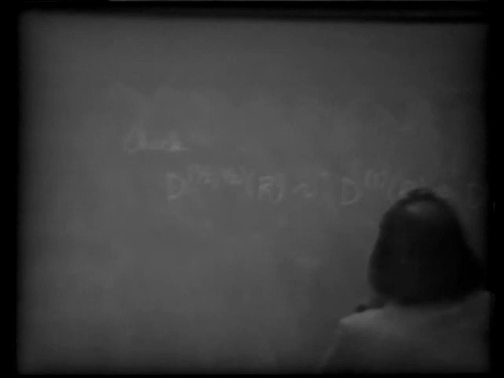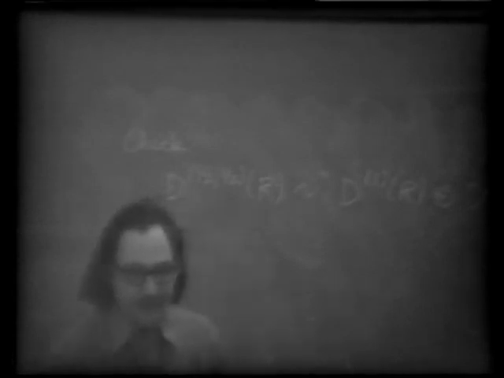Let's check that by using our previous result. Check. This is equivalent to d1 of r plus d0 of r by the formula on the center board: 1/2 plus 1/2 and 1/2 minus 1/2.